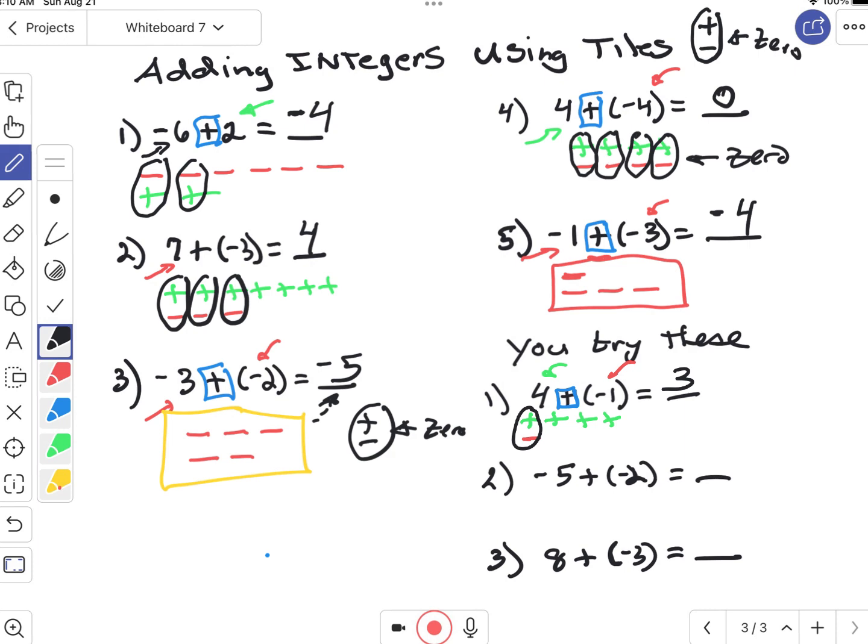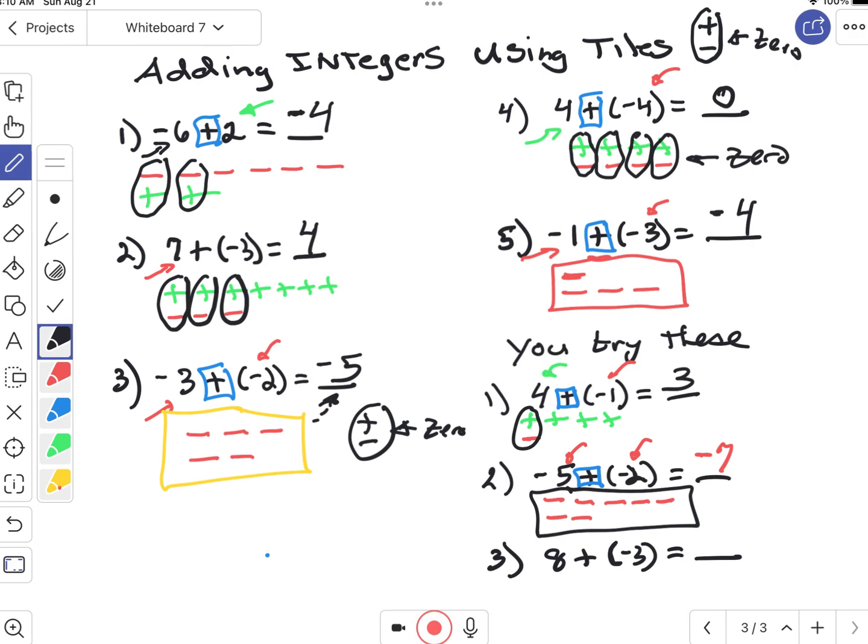After a while, you don't even need to draw the pictures, because the pictures will kind of be in your head, right? So in this problem, we're starting with 5 negatives, 1, 2, 3, 4, 5. And then we're adding to our picture another 2 negatives. There's no zeros in there. We just have a bunch of negatives. So don't we just have 7 negatives?